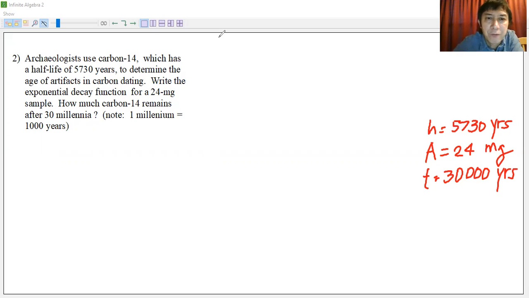All right, so the same formula. This function of time, amount remaining, is equivalent to the initial amount times 1/2 raised to time over half-life.